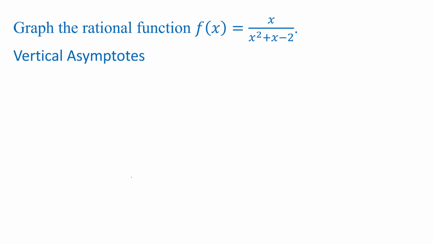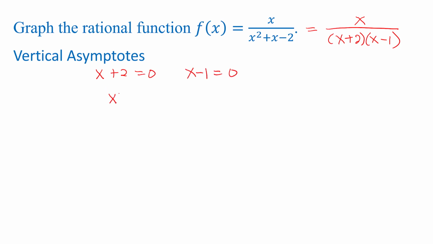Now, we'll find the vertical asymptotes. To find vertical asymptotes, I would factor f of x into x over (x plus 2) times (x minus 1). The vertical asymptotes are determined by setting the two factors in the denominator, x plus 2 and x minus 1, equal to 0.